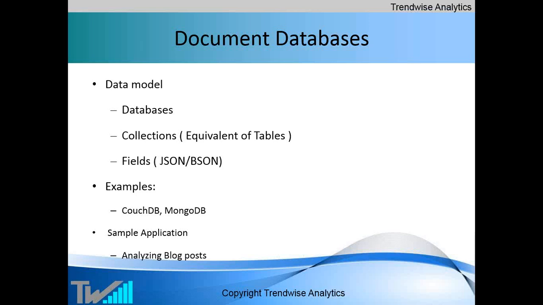And the fields are basically the values that we store, and this is stored in JSON format. Many of you may be familiar. JavaScript Object Notation, or binary JSON, or BSON as we call it here. And the most common examples of document databases are CouchDB and MongoDB.